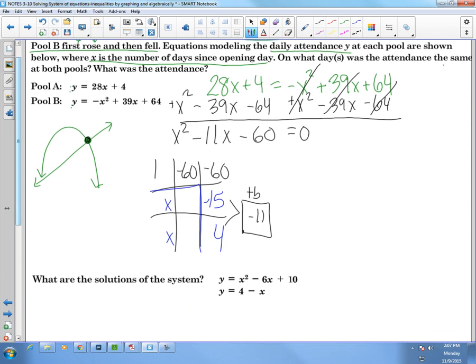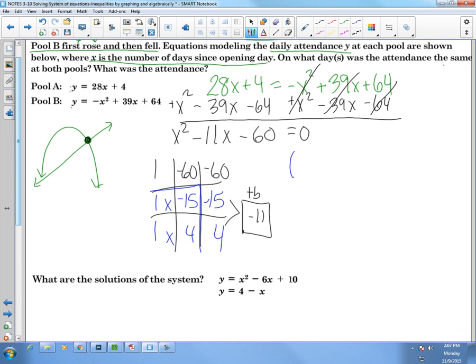1, negative 15, GCF. 1 and 4, GCF. 1, negative 15, because they're both negative, so they have negative in common. 1, 4. Make sure it works. 1 times 4 is positive, positive, negative. It works.